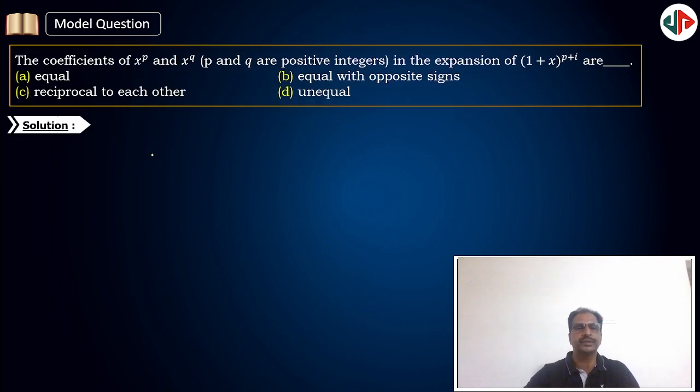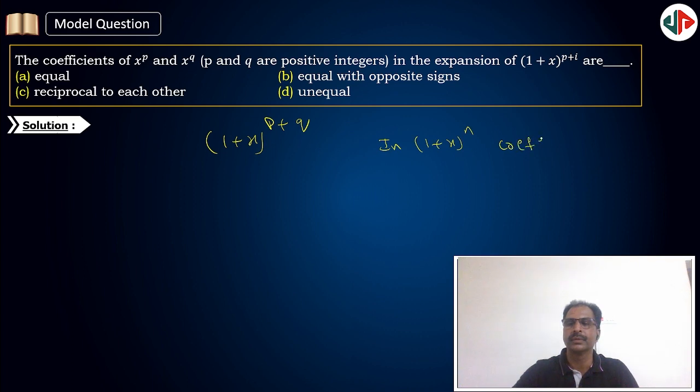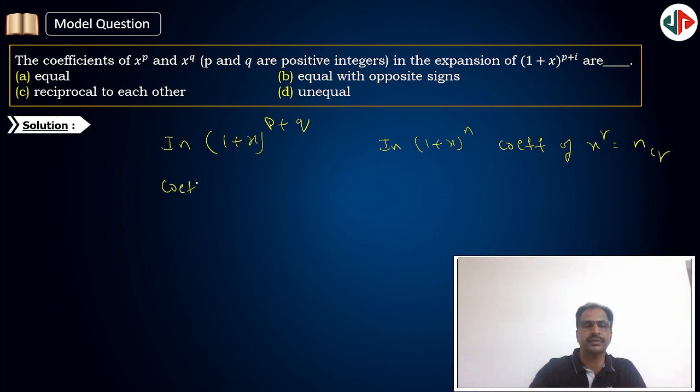Next question. The coefficients of x^p and x^q, where p and q are positive integers, in the expansion of (1 + x)^(p+q). It is p plus q, not p plus I. In (1 + x)^n, remember this shortcut: the coefficient of x^r is nCr. So in (1 + x)^(p+q), the coefficient of x^p by using that shortcut formula is (p+q)Cp.